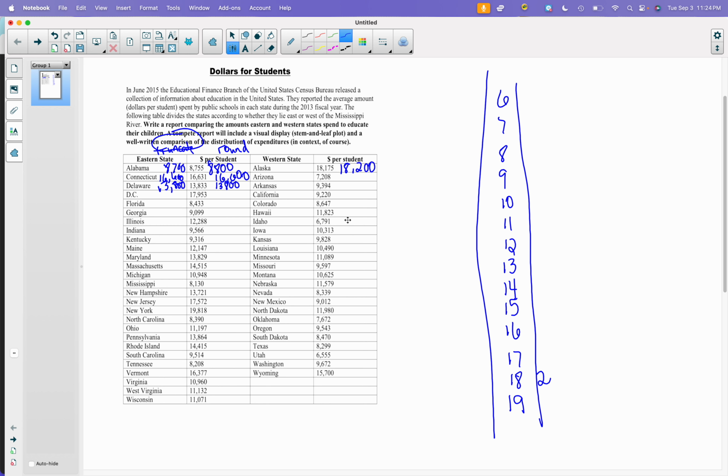Use words that are actually comparing the distributions. So hopefully that should get you started on what to do with this data and how to organize it. When it says to write a complete report, you're just putting words to it. So you're going to tell me and describe it using complete sentences and describing that information. So hopefully that helps.